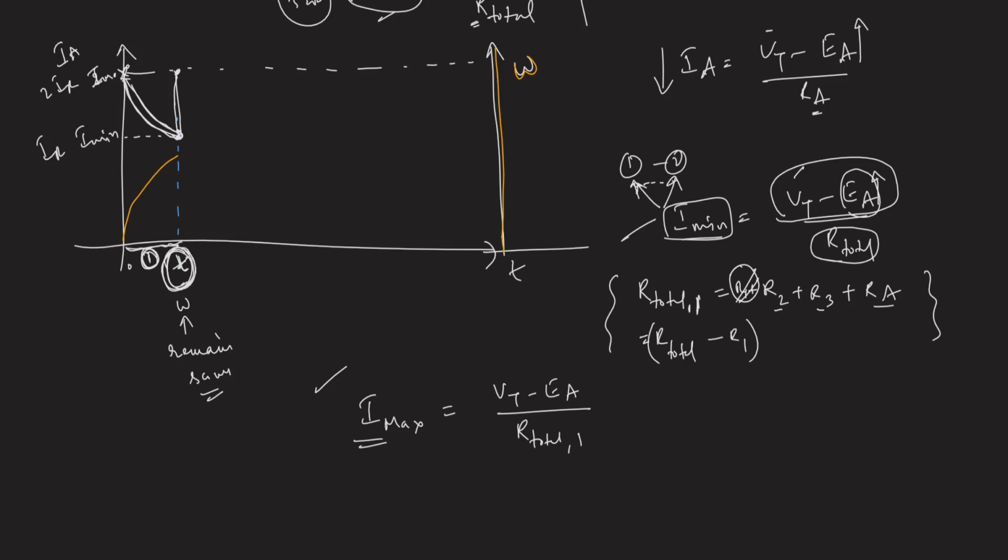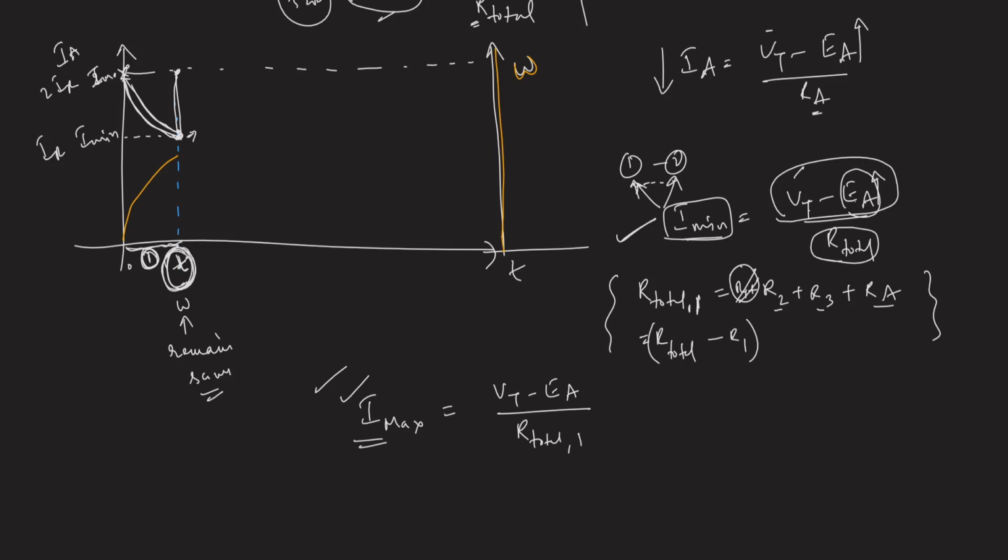Now I am writing these two equations, I minimum and I maximum, at this point. One is the I minimum equation. I minimum is equal to Vt minus EA by R total. So this is the I minimum level, and I minimum is equal to Vt minus EA by still R total.